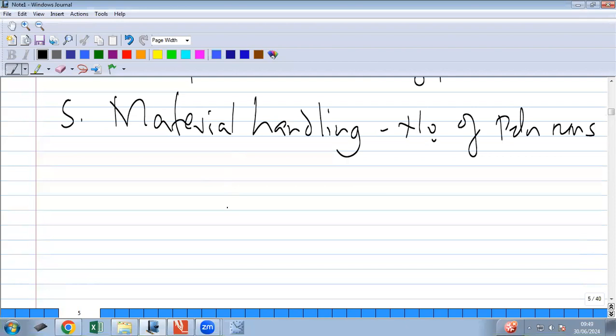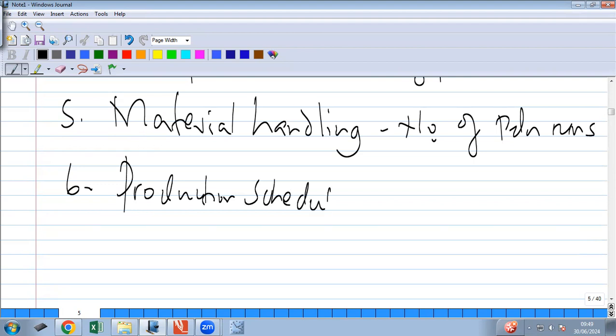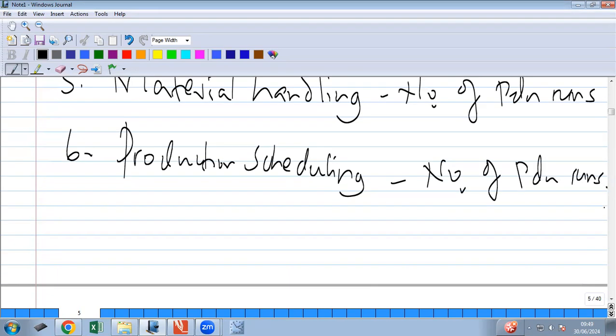We can also have another example: production scheduling. The pronunciation depends on your kindergarten. So here also it can be the number of production runs, etc. There are very many.